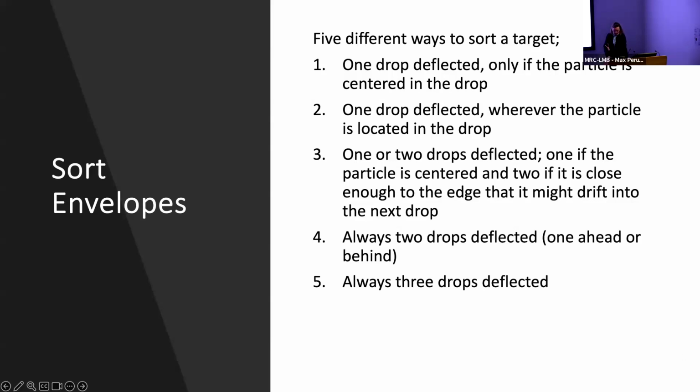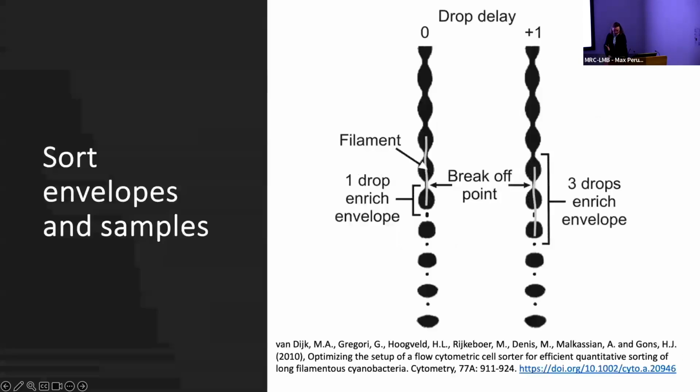And to give you a schematic example of what I mean, we alter sort envelopes depending on the nature of the sample. This is taken from a paper from Van Dyck, where this group adjusted the sort envelope to accommodate filamentous bacteria.